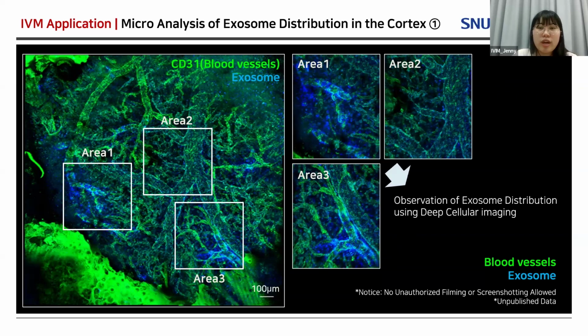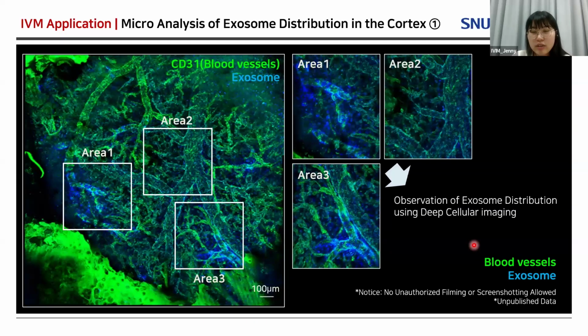Also, we could observe that not only were the exosomes found surrounding the outside of the blood vessels, but we found out that they were also inside the blood vessels. This suggests that the injected exosomes were diffusing out of the blood vessel into various parts of the brain parenchyma.